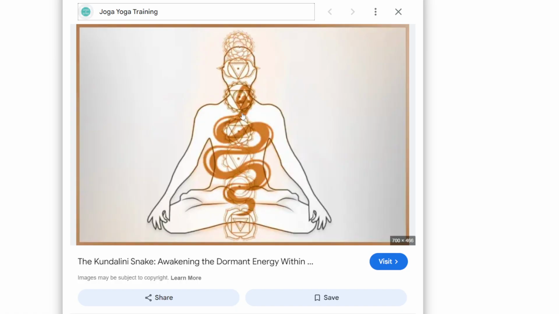This three and a half coil snake is called kundalini. So it is said that the energy flows in this pattern, and the points where it makes turns are these points. This is just a representation, but you can get the understanding.